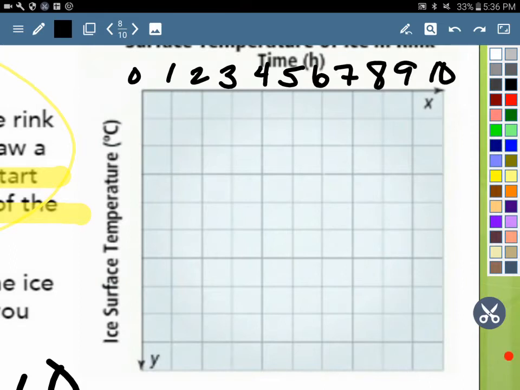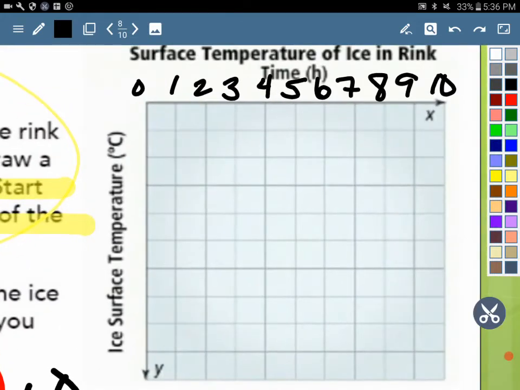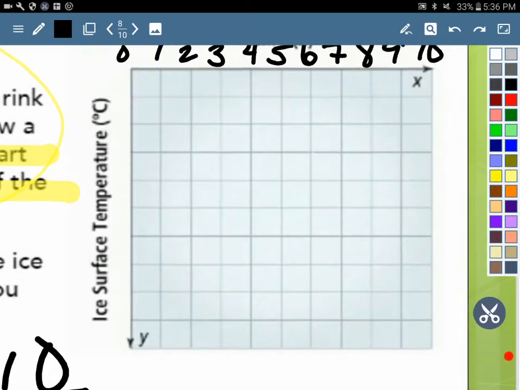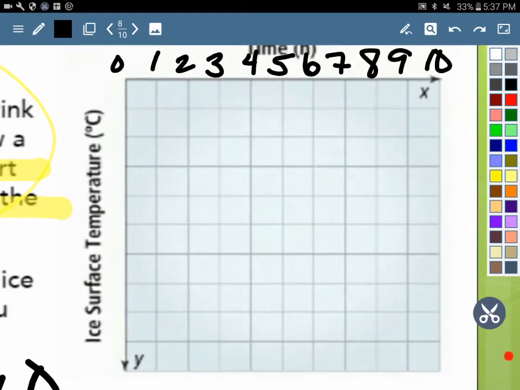But I do want to be able to reach negative 5 on the y. Negative 5 is less than negative 10, so I can spread it out a little more over 10 tick marks. Instead of labeling each grid line, I'm only going to label every other by 1.